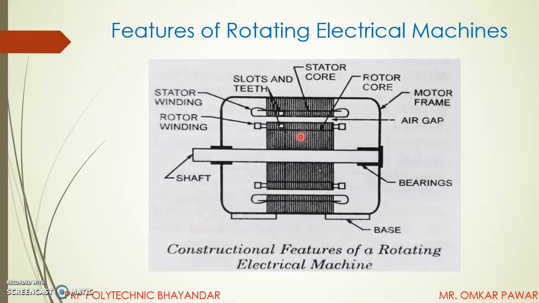In an induction motor there are two types of rotor, wound rotor and squirrel cage rotor. Sometimes it consists of windings, same as a stator winding, or bars. So we will study it later on. So basically any rotating machine consists of a stator part and a rotor part.